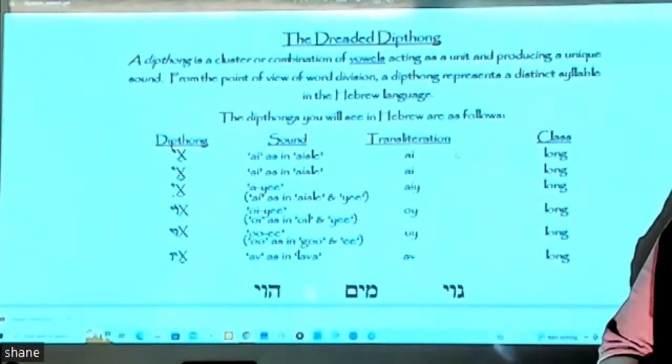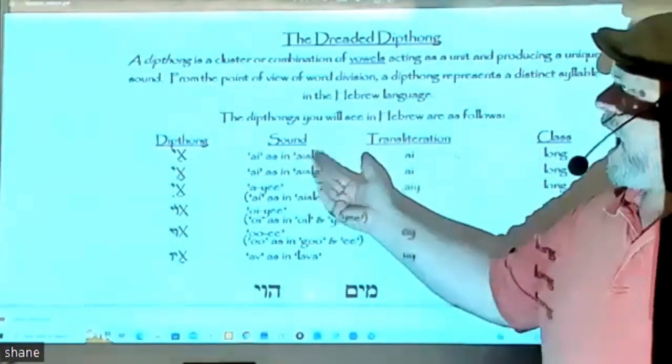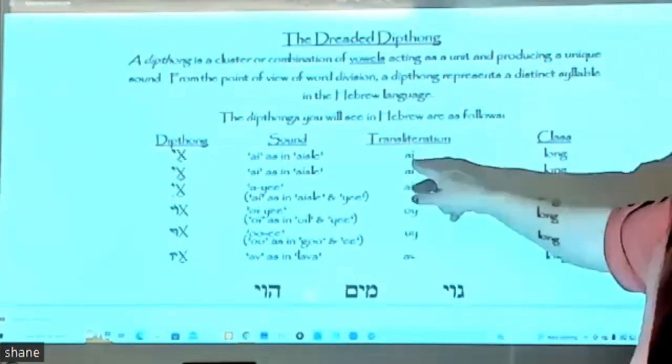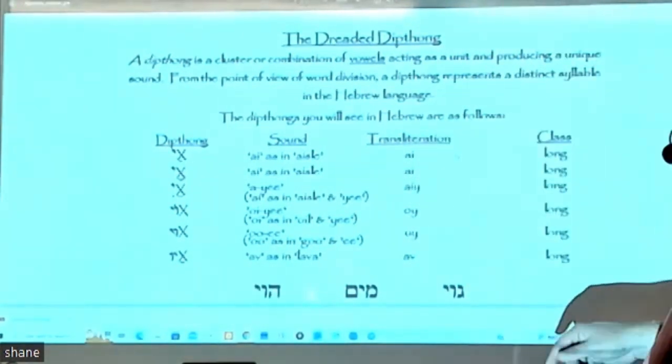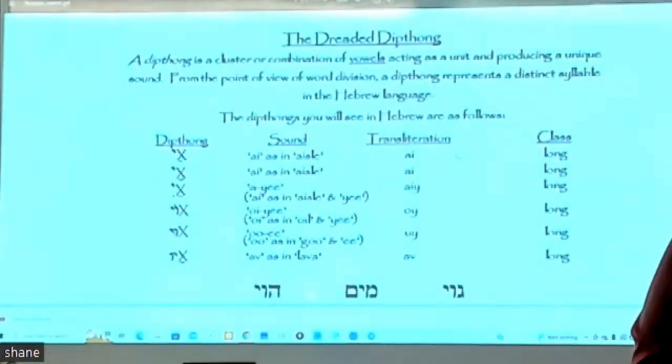You go down the grocery aisle, or you go down the frozen food aisle. So the transliteration here is AI, and the class is long.